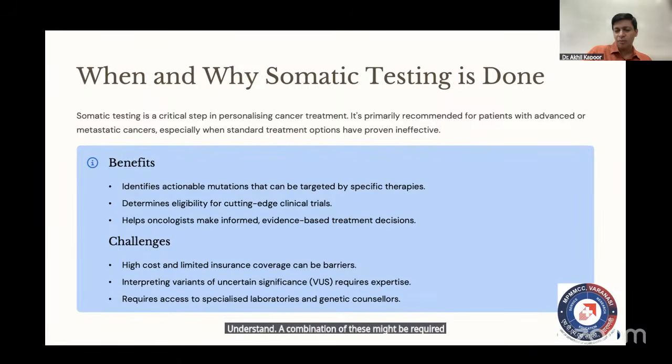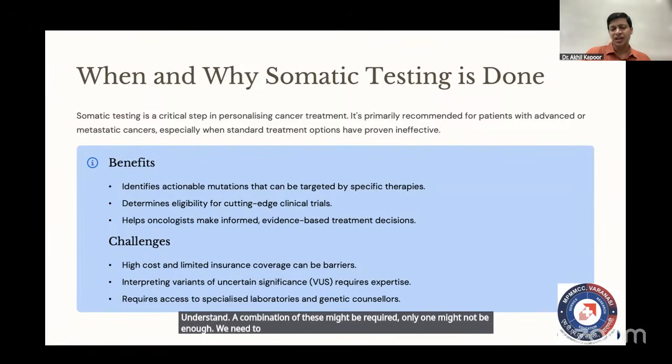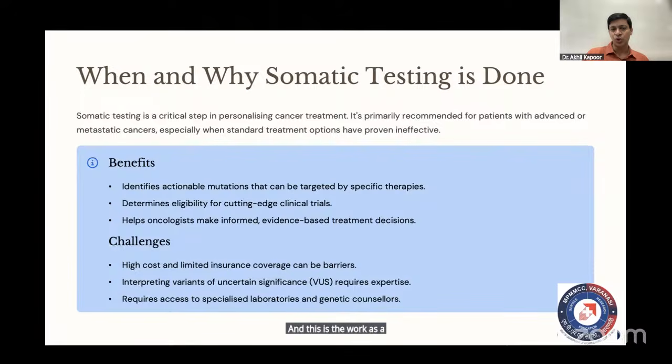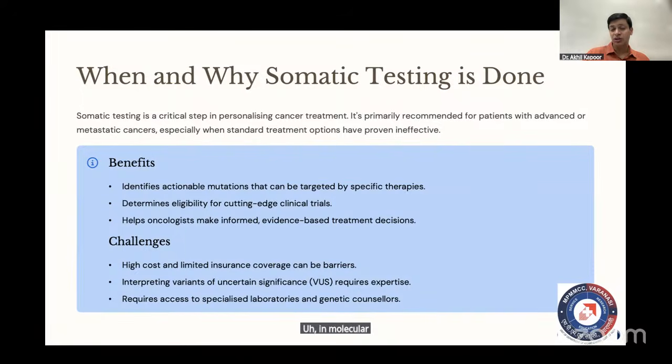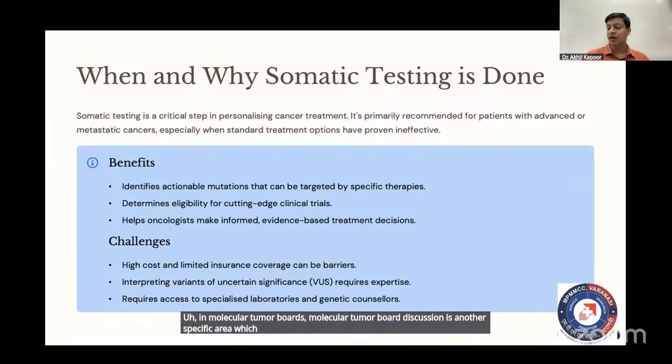Only one might not be enough. We need to supplement each other. We need to select the test optimally, and this is the work we try to do as medical oncologists. We take the help of our colleagues in molecular tumor boards. Molecular tumor board discussion is another specific area which will be covered in subsequent topics, and that is what is important.